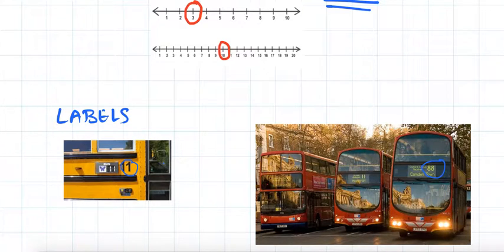They are simply labels. When you look at numbers as labels, this is essentially what we call the nominal aspect of numbers. They don't specify any order, they don't specify any sets, they are simply a way of labeling things.